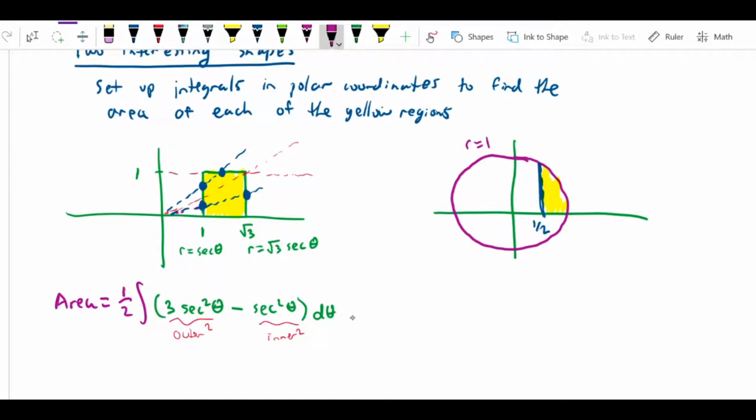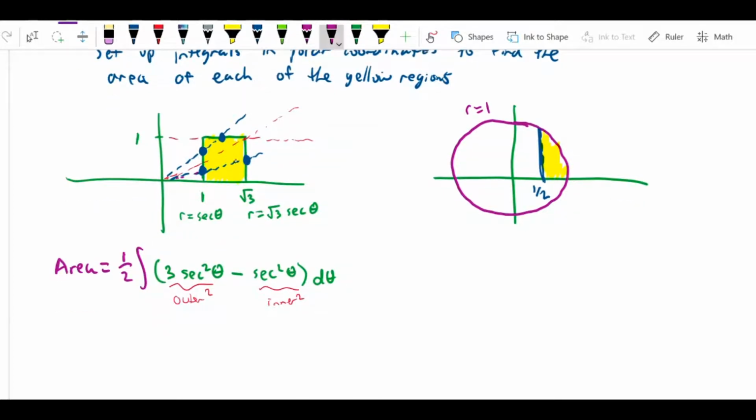Now, however, I need to add to that what goes on above this red line here. So we're going to put in another integral, plus 1/2 integral from, and again, don't worry, I'll put in the limits of integration a bit later. Didn't mean to use that color scheme, but let's keep it. The outer curve is this horizontal line.